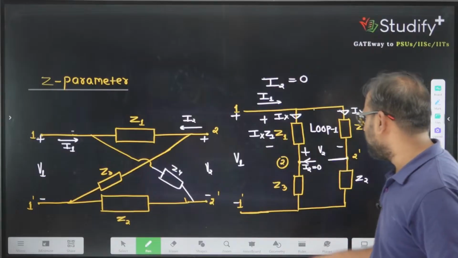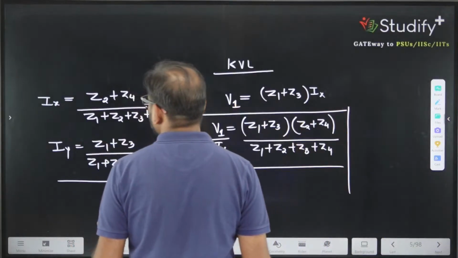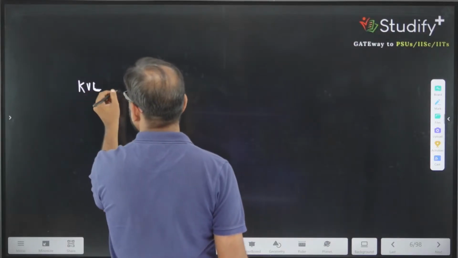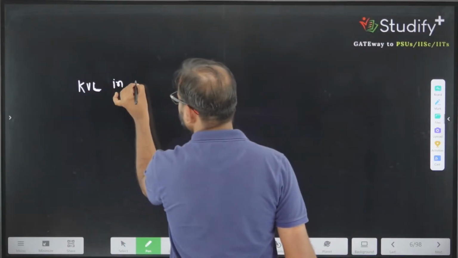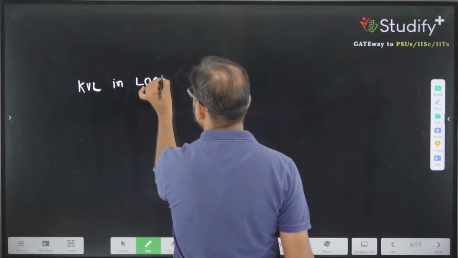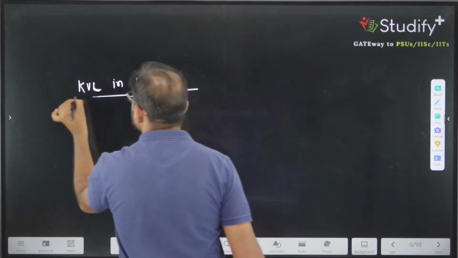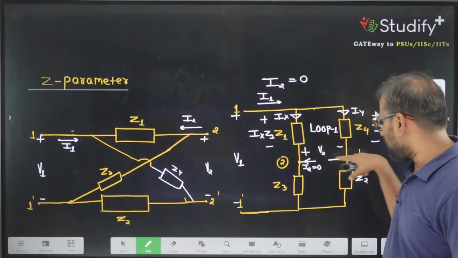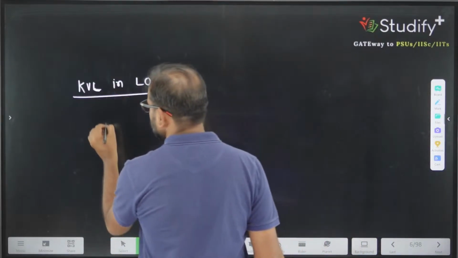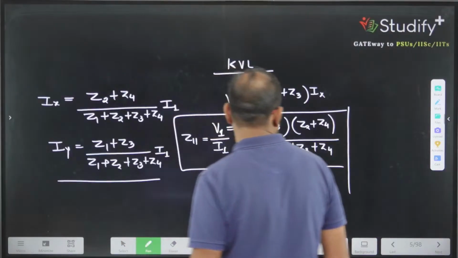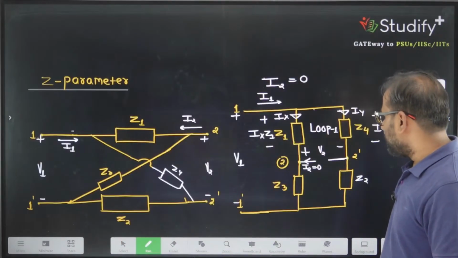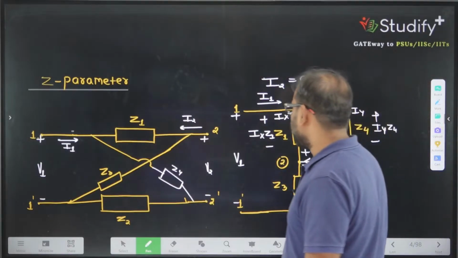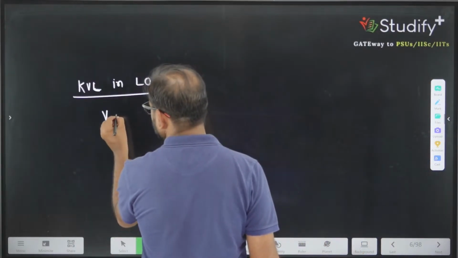So you are starting from here. We are applying KVL in loop number 1. So what is KVL in loop number 1? If I look at KVL here, how much will it be? Starting from here, minus V2, this voltage I am writing as V2, plus Ix Z1.